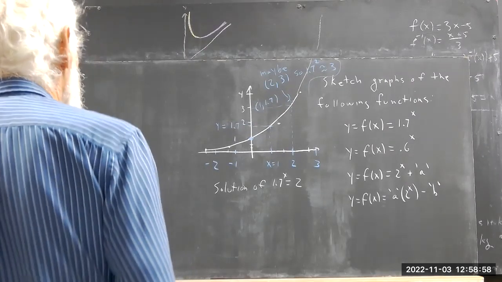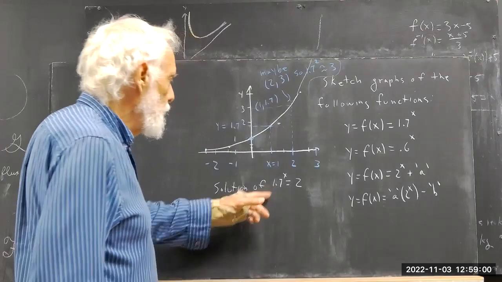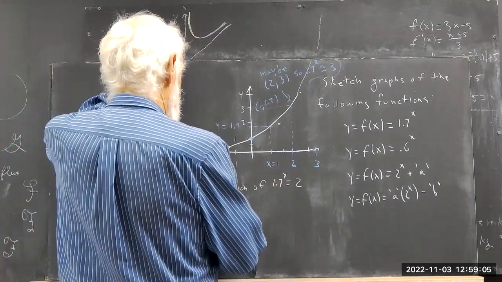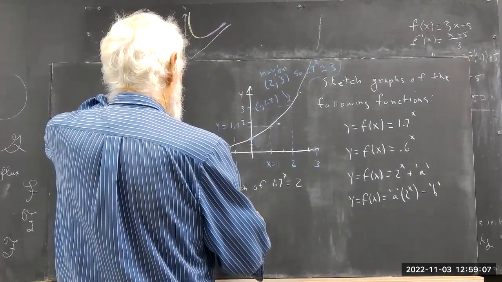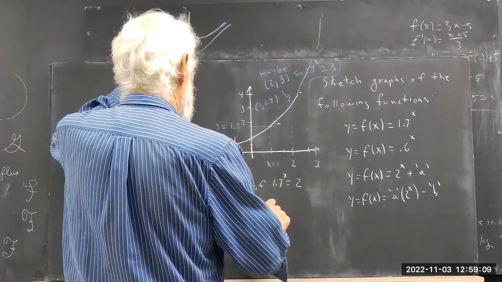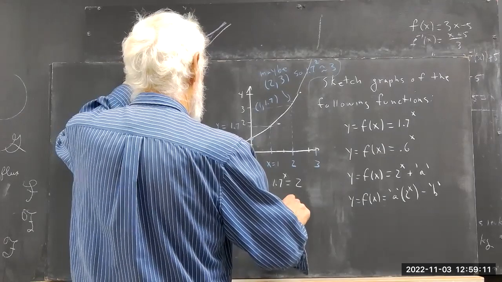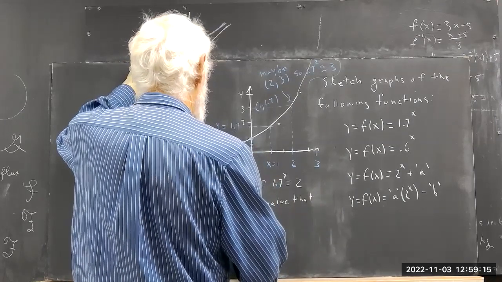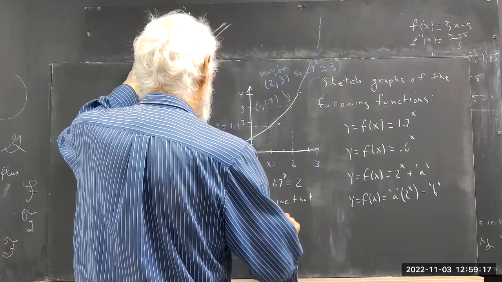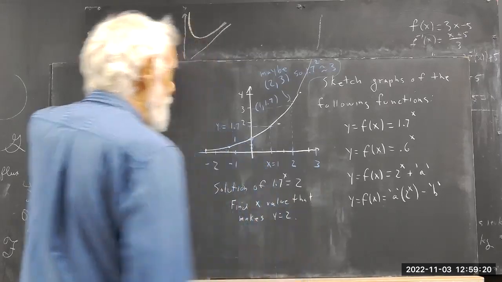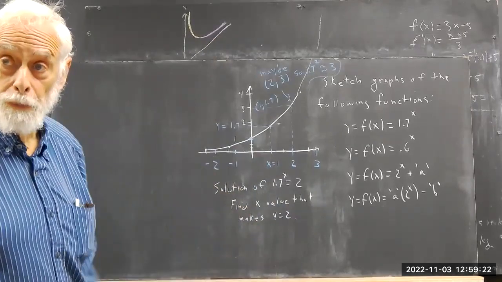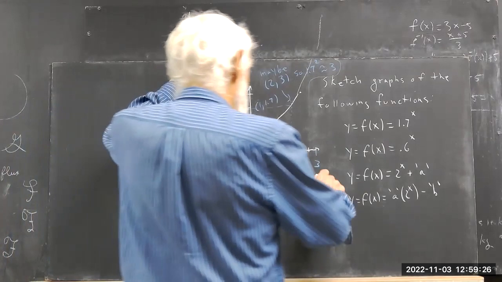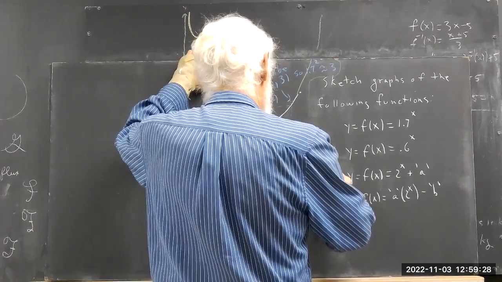Solution: 1.7 to the x is 2 means find the x value that makes y equal 2. Because of course, this is your x value, this is your y value. So it's going to be a y value.